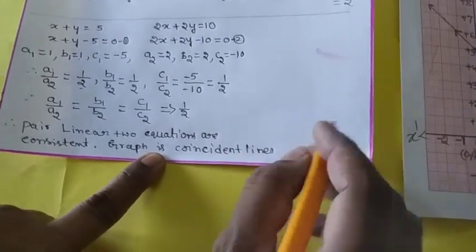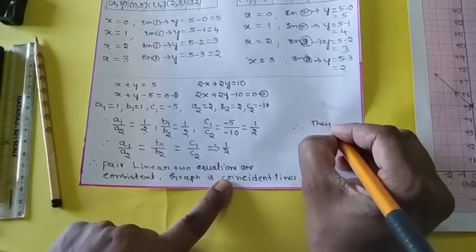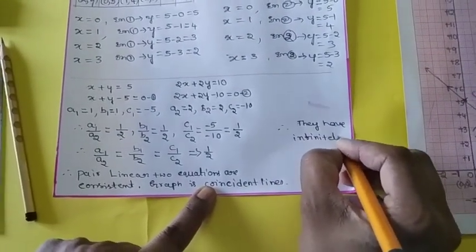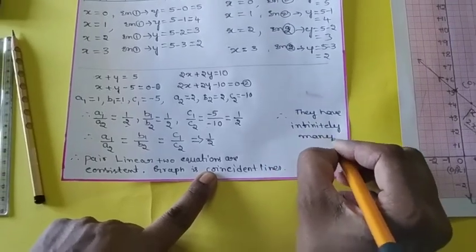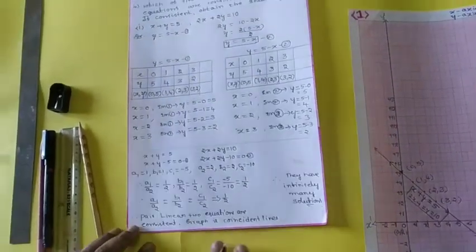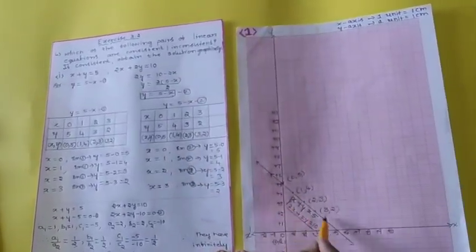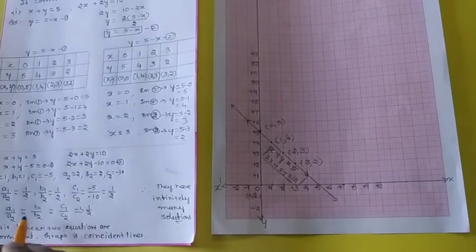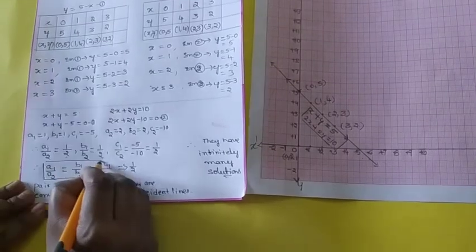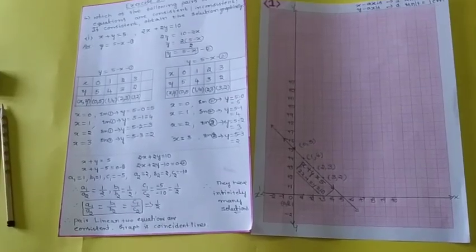Then they have infinitely many solutions. We put the graph and found the graph is coincide lines for this pair. Then take another problem.